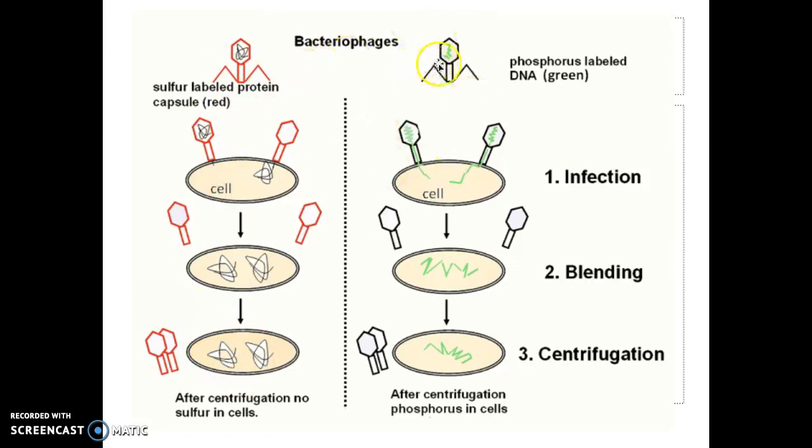And then they did the same thing with phosphorus-labeled DNA, because DNA has phosphorus. Remember, only proteins have sulfur, which is why that worked. DNA has phosphorus, and they took it out. The viruses release the DNA into the cells, and then after centrifugation, they found that.